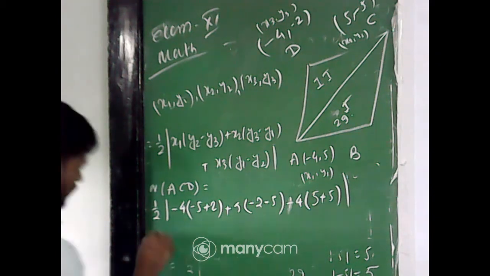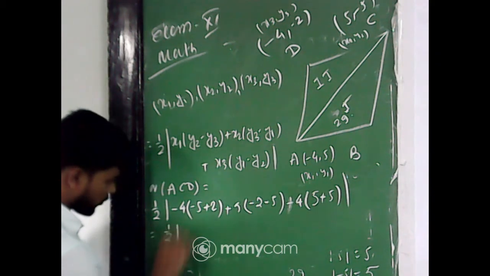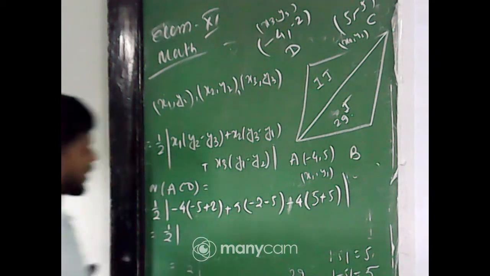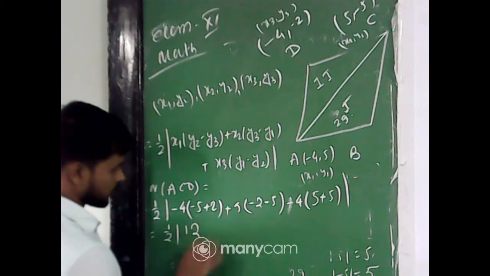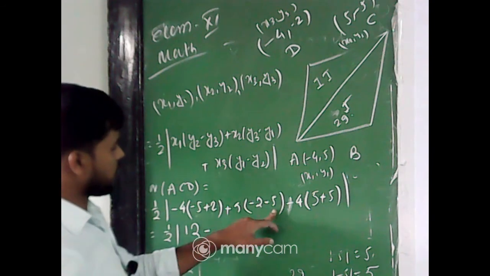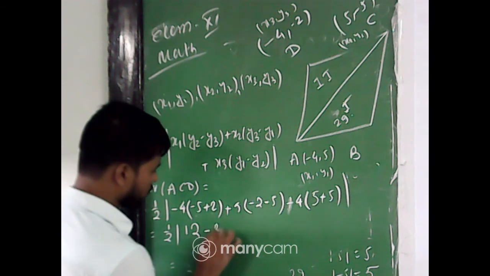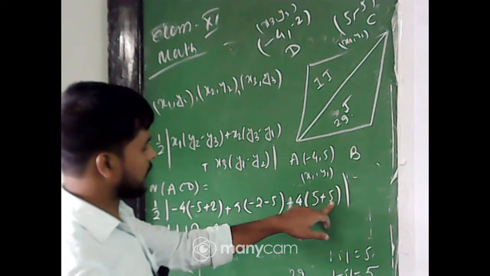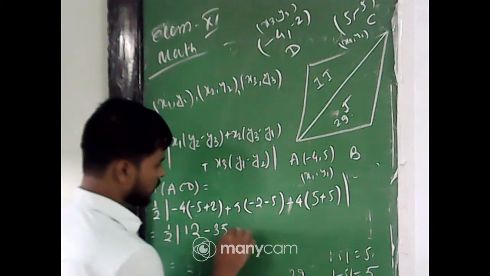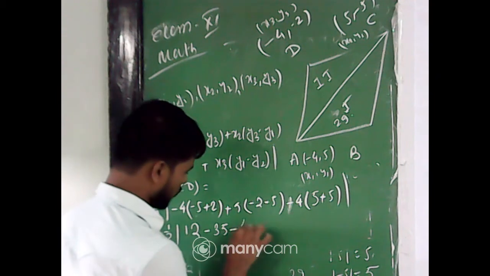Now do the calculation. Half mod of, so this is equal to minus 3 into minus 4, that is plus 12, minus 7 into 5, that is minus 35, and this is equal to 10 into minus 4, that is minus 40.